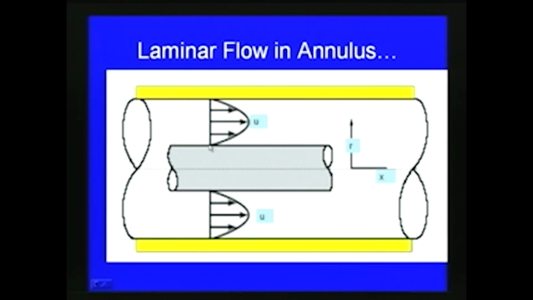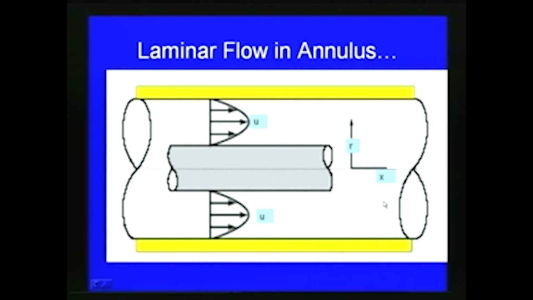At this location and this location, that means on the pipe wall, you can see both places the velocity is 0, and then at this line it is the maximum velocity. This is the velocity u, and similarly below also you can plot the velocity. So, here the minimum on both sides and here the maximum velocity.